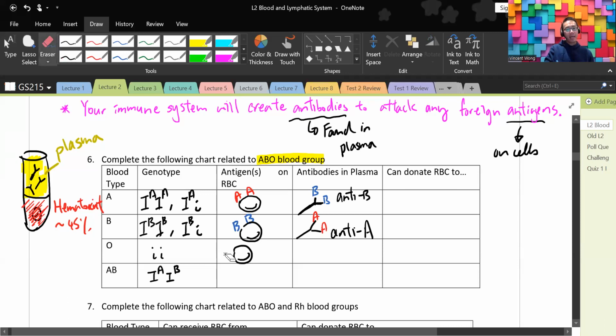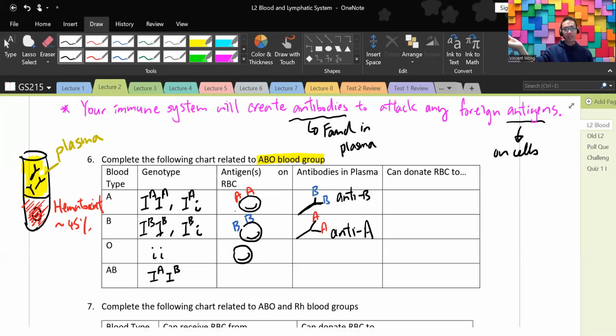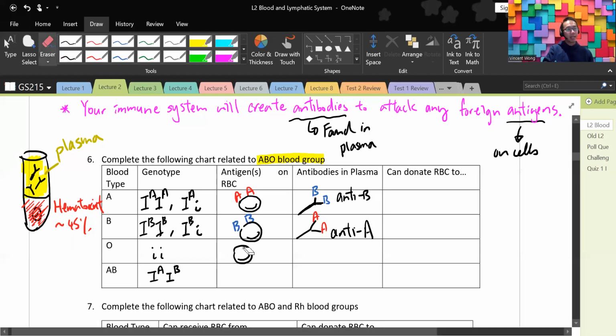That's right, so no A, no B. Now it doesn't mean it has absolutely nothing. It could have other blood groups, like Rh, for example. Just not A and not B. And because they don't have A and they don't have B, they're going to have anti-A and anti-B.